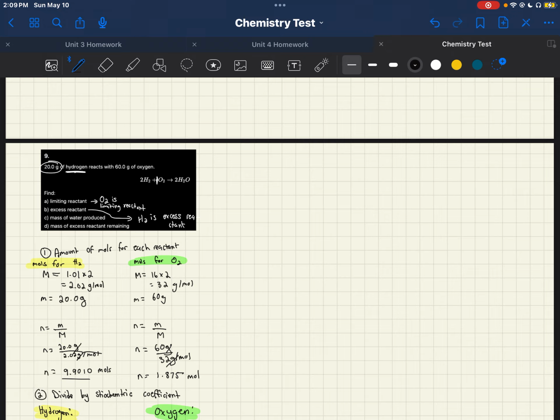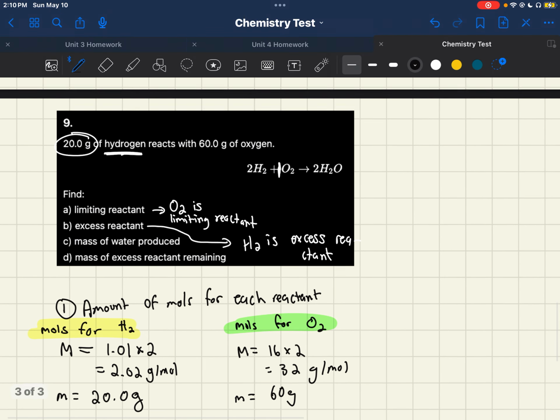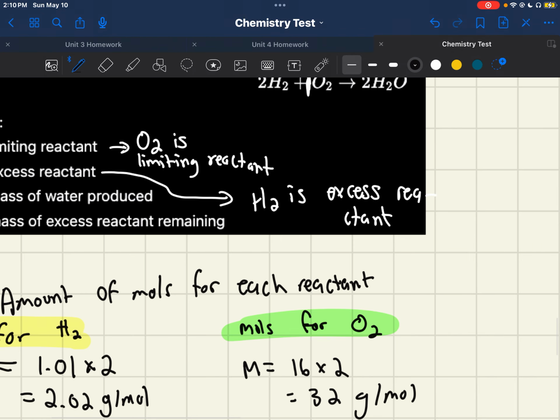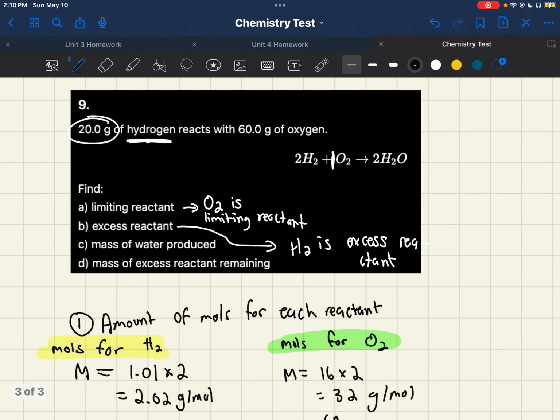So that's how you're able to identify the actual limiting reactant and then the excess reactant. To find the mass of the water, you're just going to have to use the moles, and specifically the mole to mole ratio. Right?